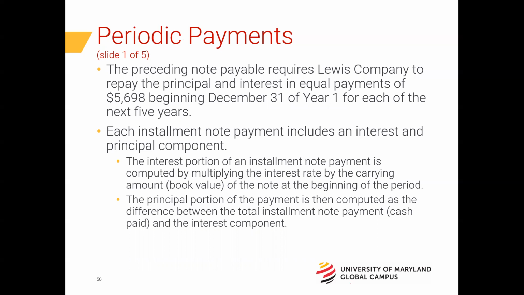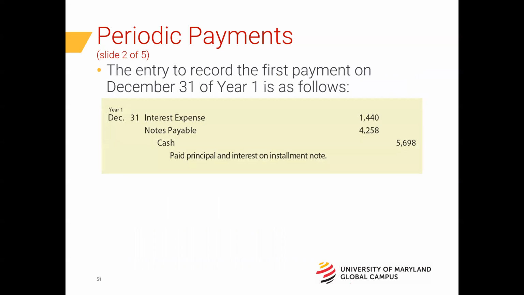So I make my periodic payments. And when I make my periodic payments, I debit interest expense, 1,440, and I debit notes payable, 4,258, and I credit cash, 5,698.